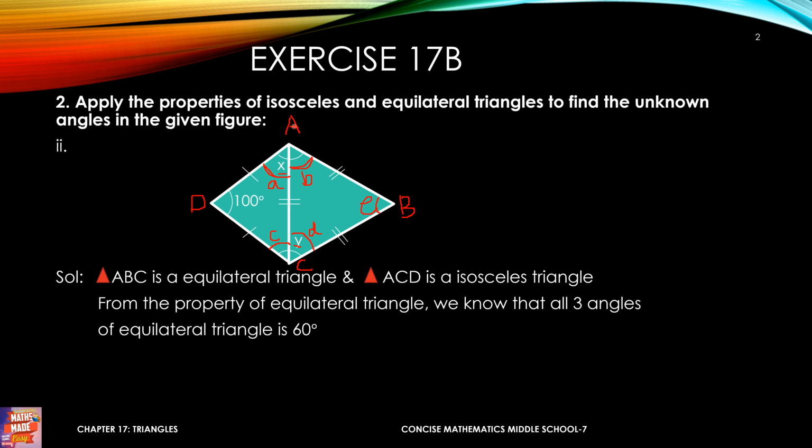Whenever anyone says that it is an equilateral triangle, then you should say that all three sides are the same and all three angles are 60 degrees, right? So from this property itself, we can understand that angle B, angle D and angle E are 60 degrees, right children? Now we got the angle B, angle D and angle E. I hope it's clear. Let's move on to the next step.